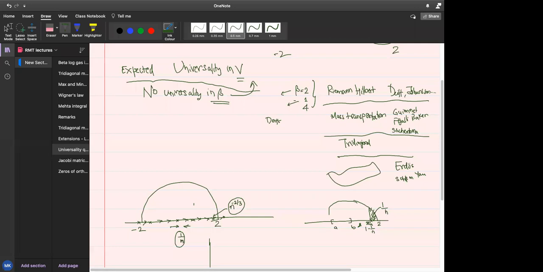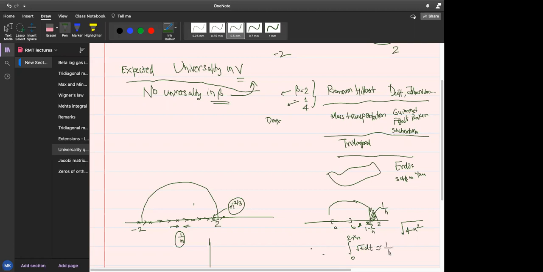Since this density is square root of 4 minus x square, it behaves like a square root. So what you expect is that the integral from 0 to 2 minus xn of this density, which we can simply write as square root t dt, should be approximately 1 by n.